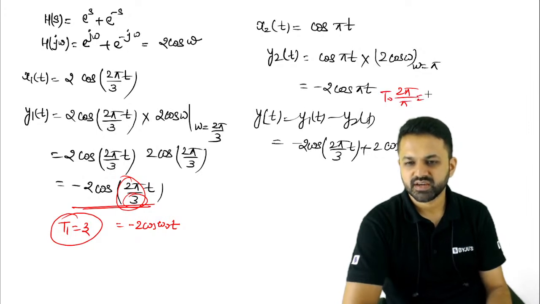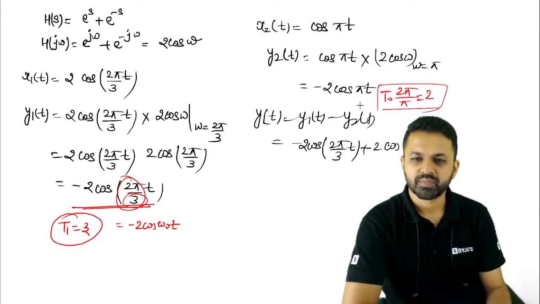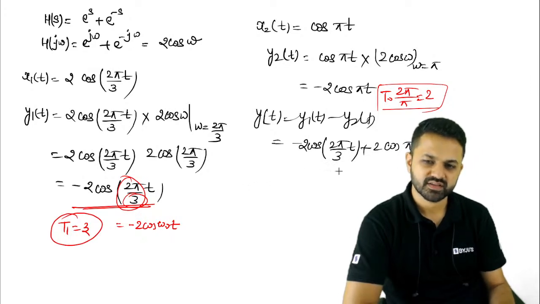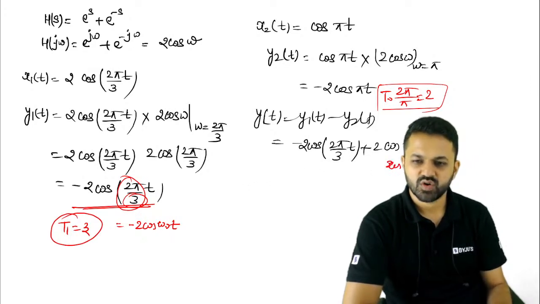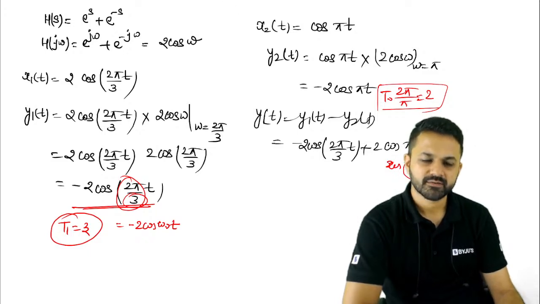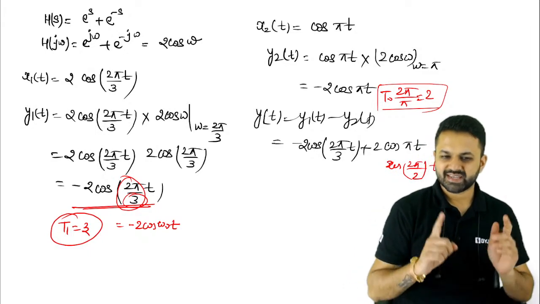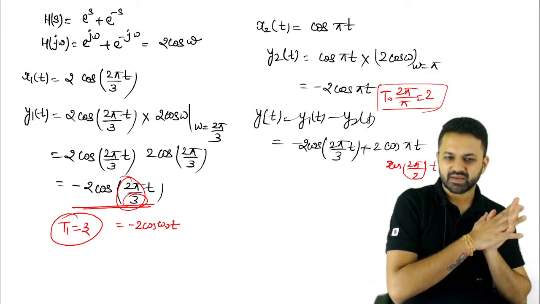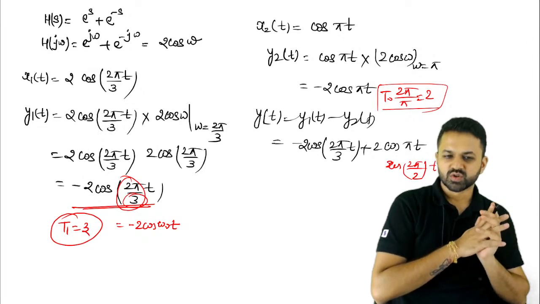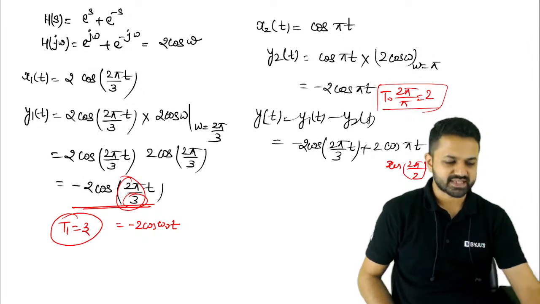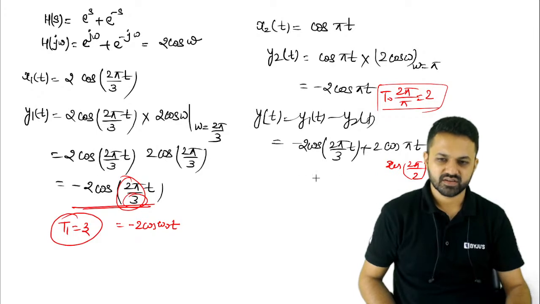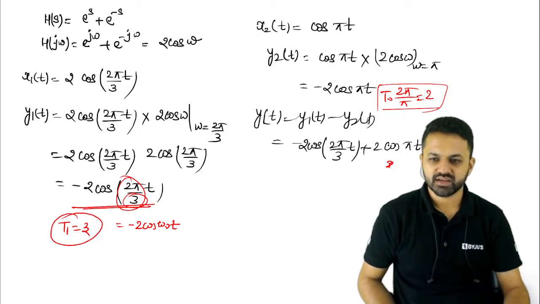That is 2 pi by omega naught, so this is cos of pi t, which is 2 omega naught. One signal has time period 3 and the other has time period 2, so the overall time period will be 6.